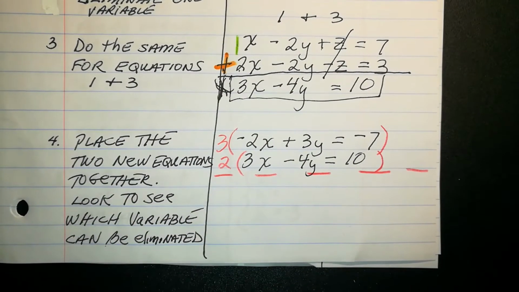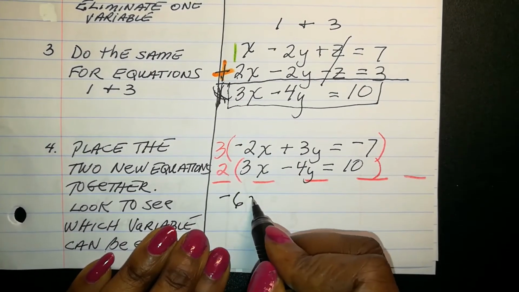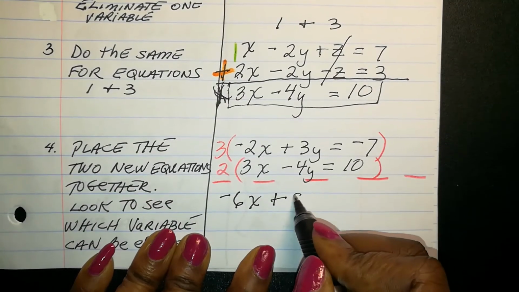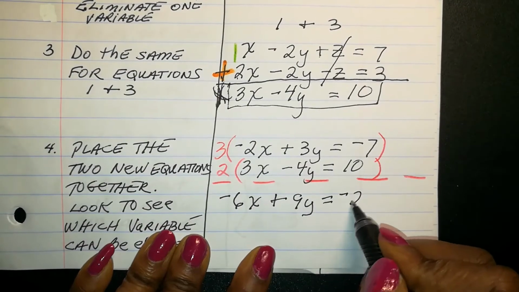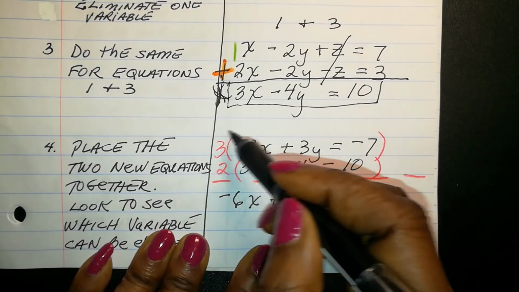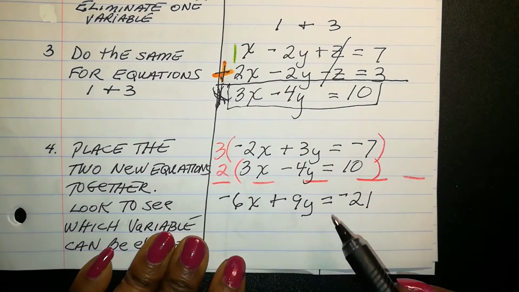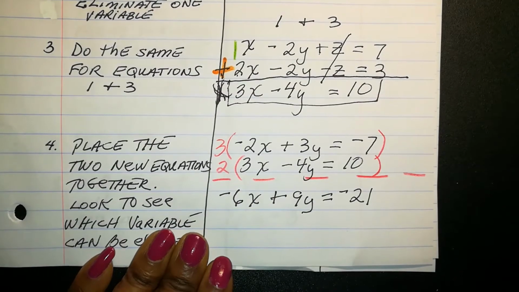If I do that, I end up with negative 6x plus 9y equals negative 21. So all I did was the distributive property. I multiplied everything by that 3 on the outside. I'm going to do the same thing to the bottom one, but multiplying this time by 2.